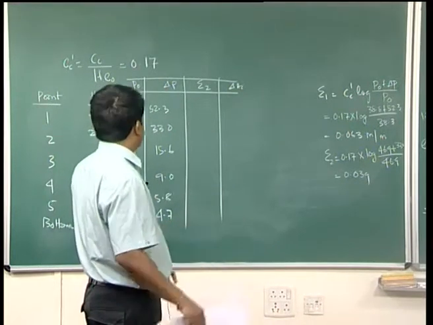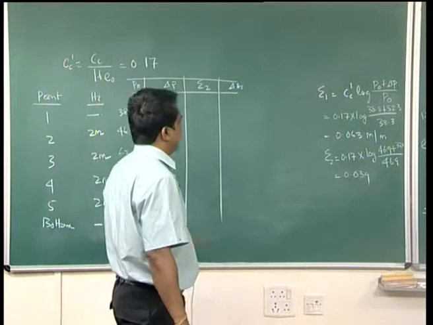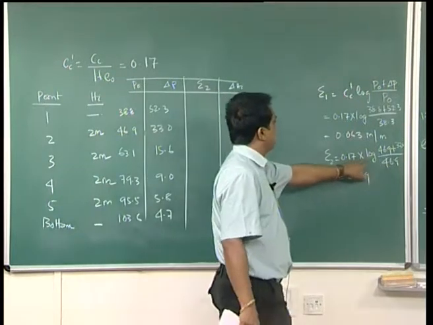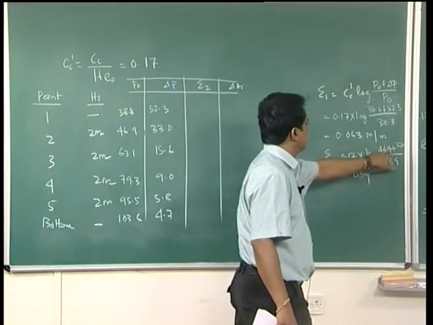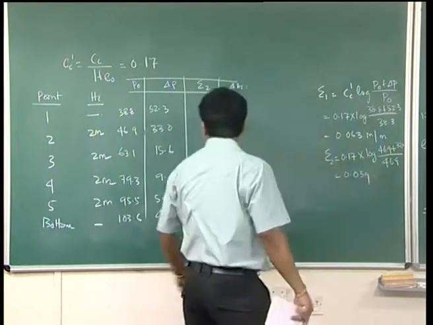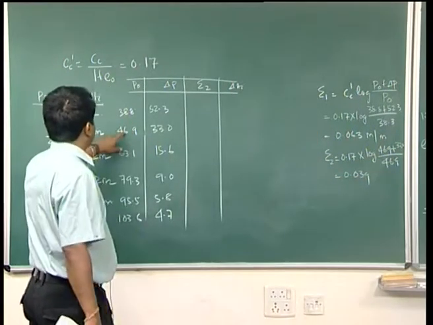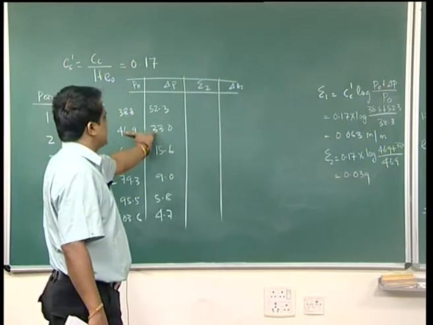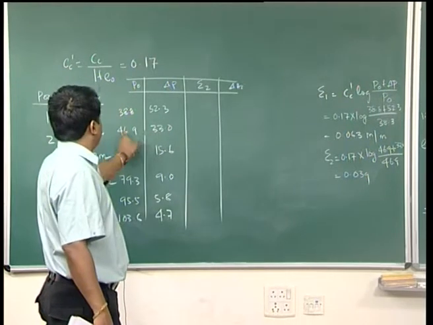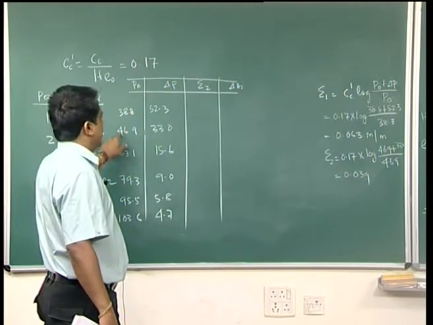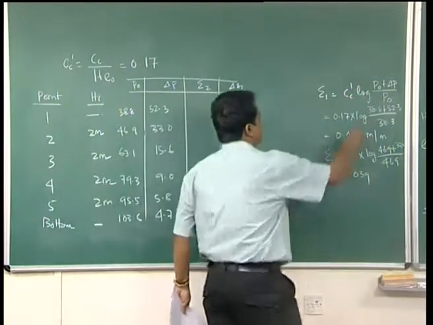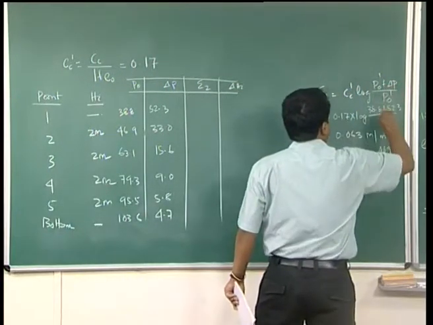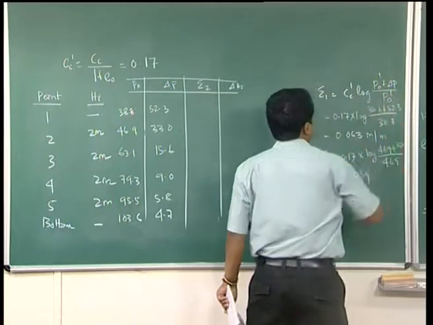Similarly, for xi 2, for second point, 0.17 log, if you look at 46.9 plus 33.0. So, it will be 46.9, increase in stress is your 33.0, divided by 46.9. So, this will be P0 prime plus delta P divided by P0 prime.